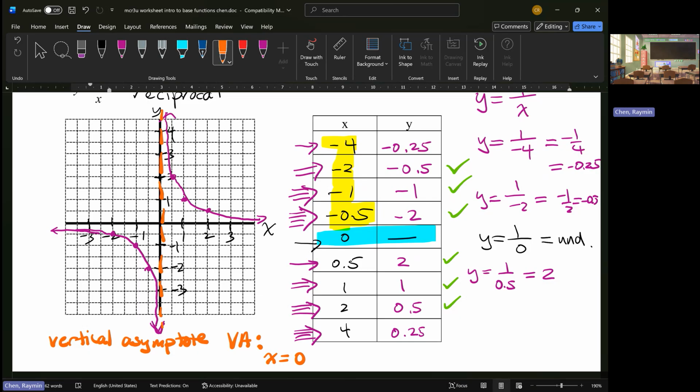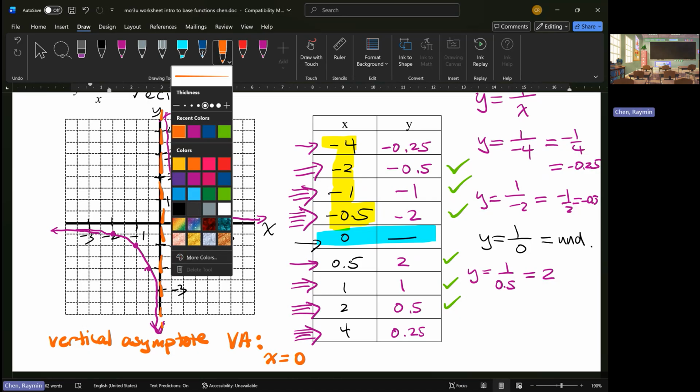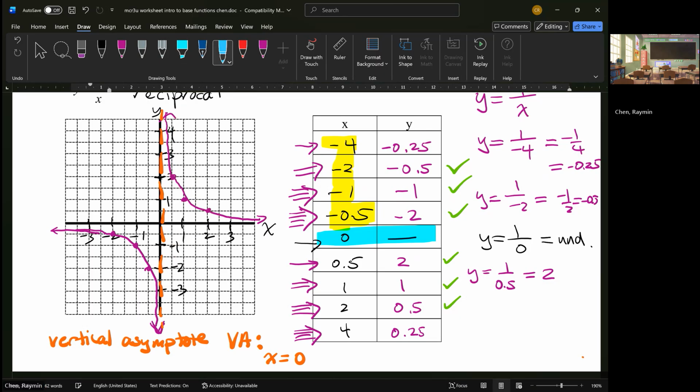There is another feature that's causing it. And I'm going to try to use a different color. I'll use this nice blue. Maybe not blue. Maybe we'll use the blue. And we have a horizontal asymptote. This horizontal asymptote is y equals 0.